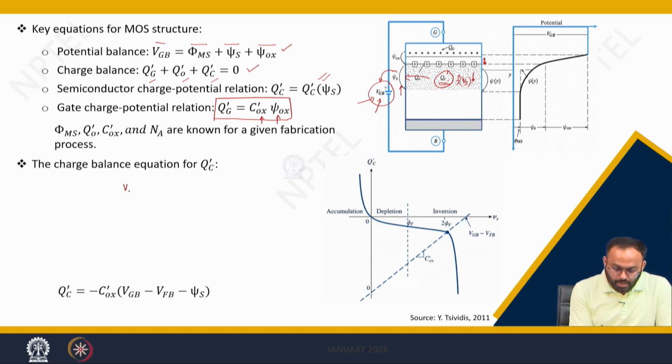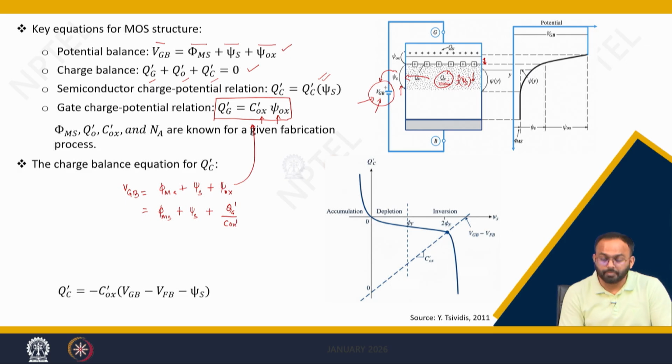So, we will start with the potential balance equation. VGB equals phi ms plus psi s plus psi ox. This psi ox can be replaced as Qg dash divided by C ox dash.